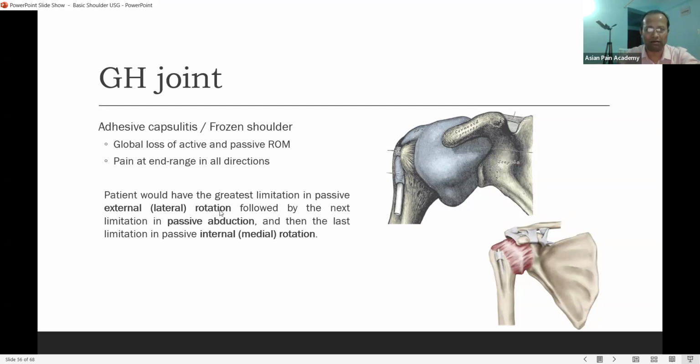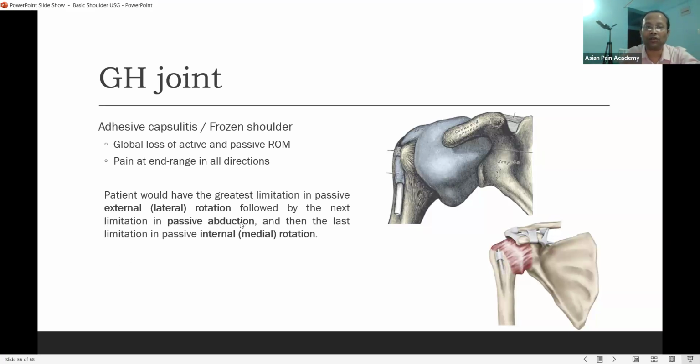External rotation, which we did while seeing the subscapularis tendon. So that is the most affected movement when frozen shoulder is developing. Next comes passive abduction, which we did with the supraspinatus tendon, the dynamic procedure movement, so this is the passive abduction.